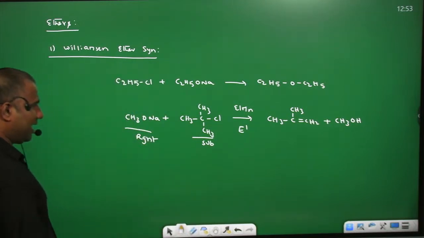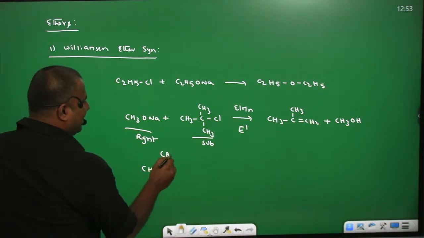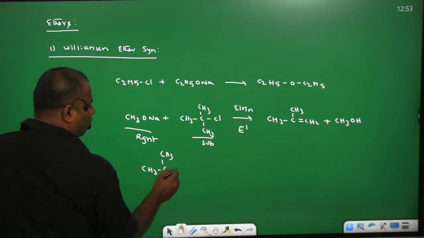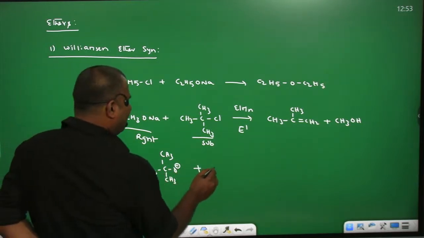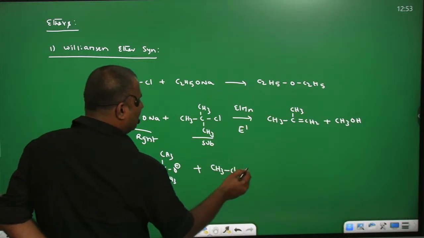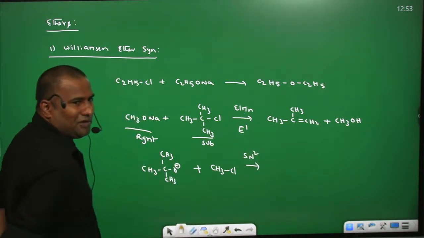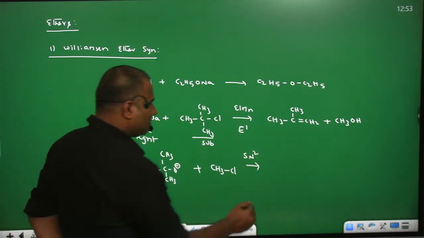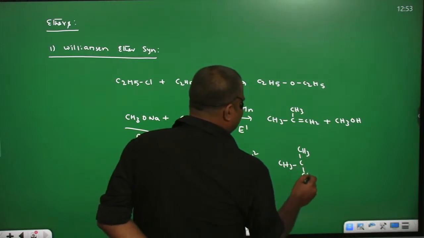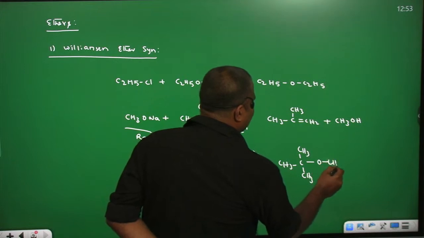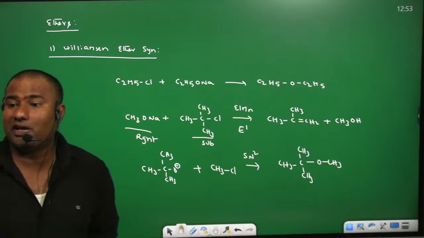That is, if I write (CH3)3C O- Na+ reacting with CH3Cl, then only you observe SN2 nucleophilic substitution, which brings (CH3)3C O CH3, followed by SN2 mechanism to give the ether.